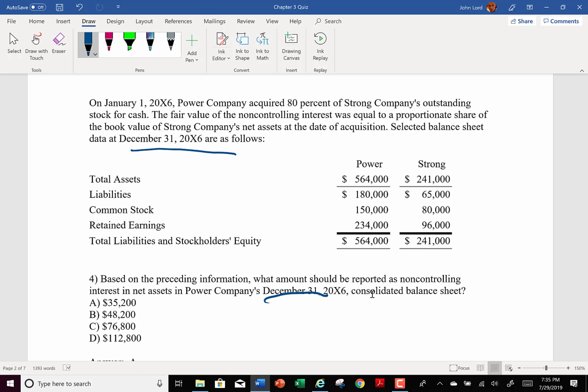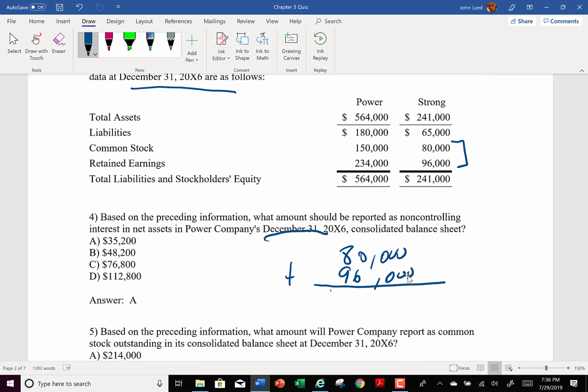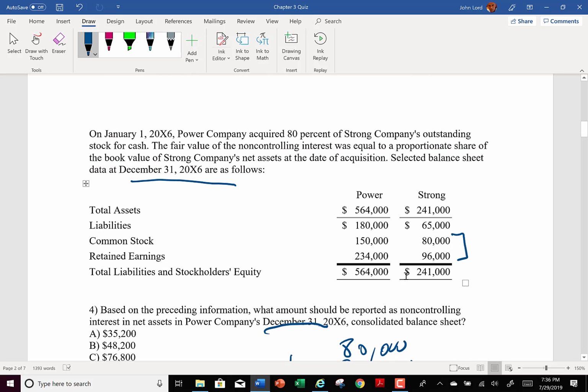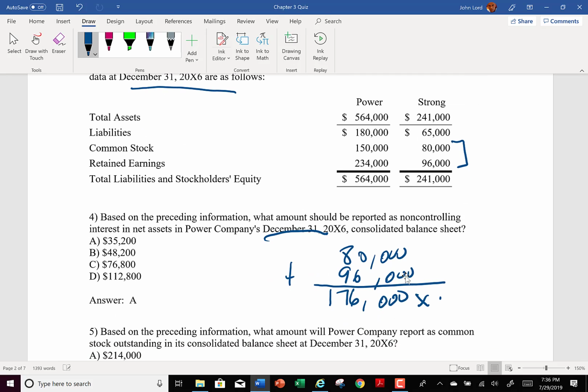So I simply pick up the stockholders' equity, which is the common stock and the retained earnings, 80,000 plus 96,000, which gives me 176,000, of which 20% belongs to the non-controlling interest. That's 35,200, the line item we were looking at that's part of the stockholders' equity section.